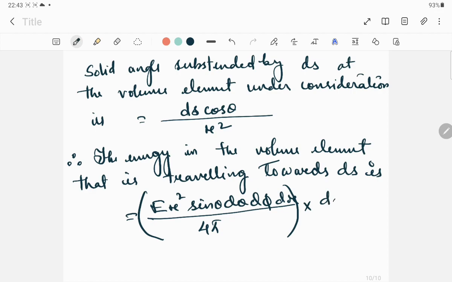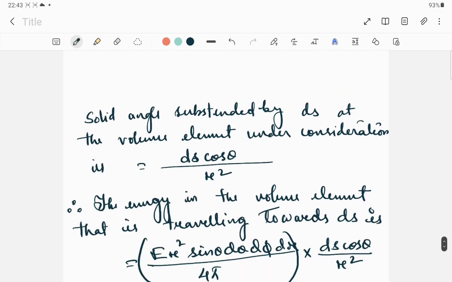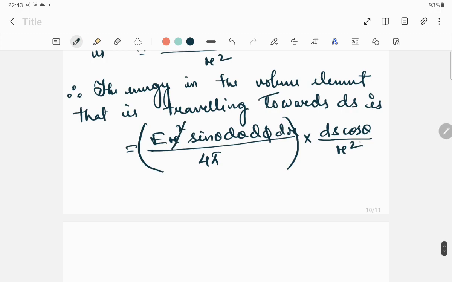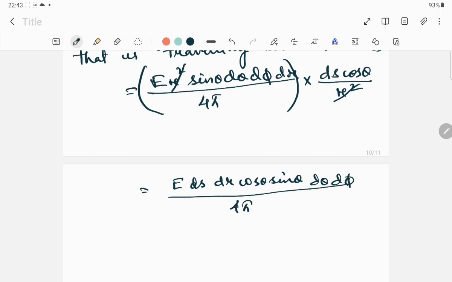But ds has a solid angle of ds cos theta by r square. So ultimately, here what will happen? r square cancels. So finally we have E ds dr sin theta cos theta d theta d phi by 4 pi.